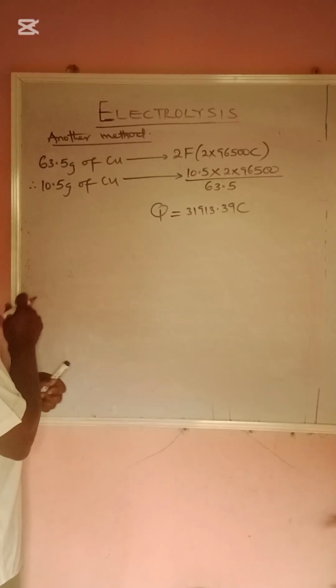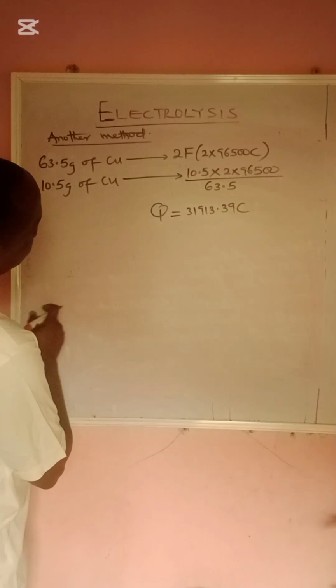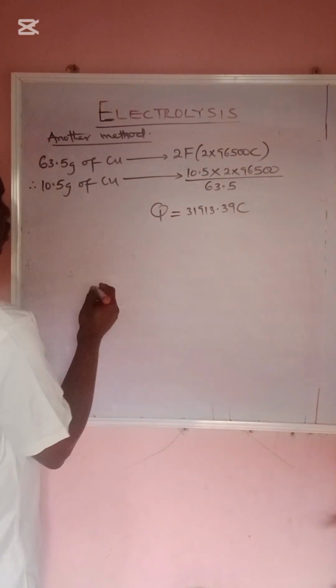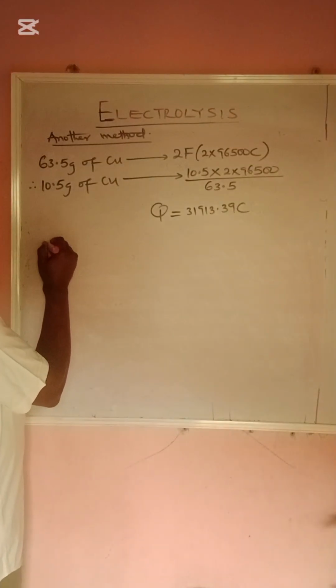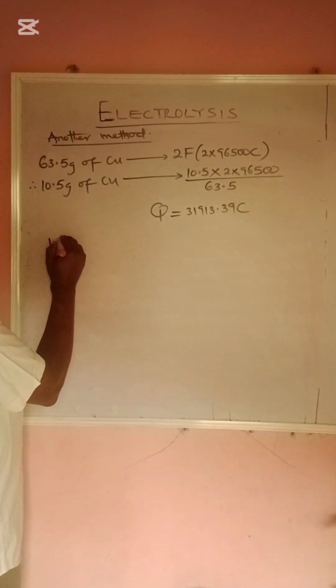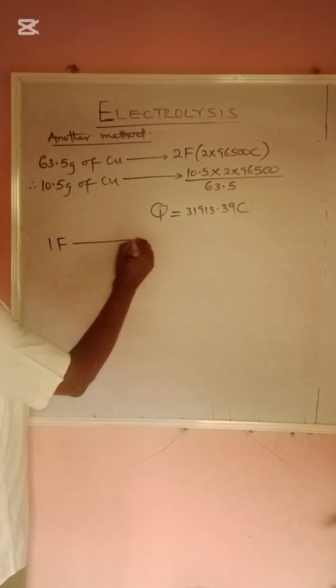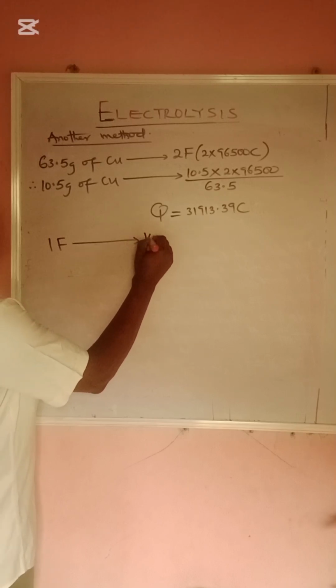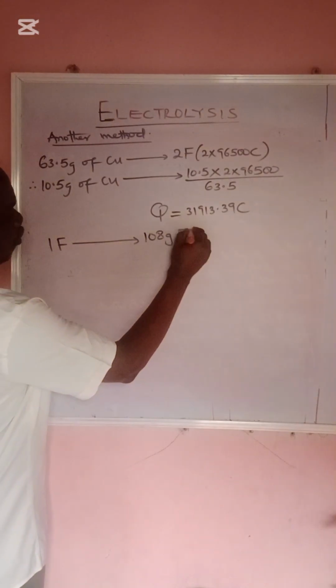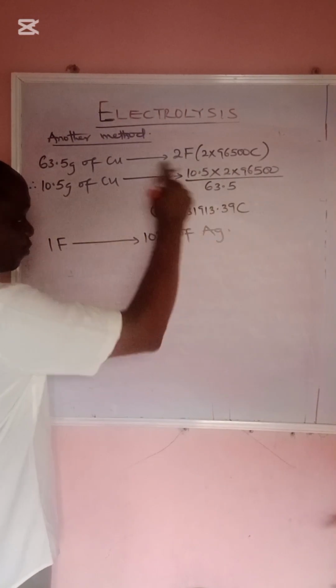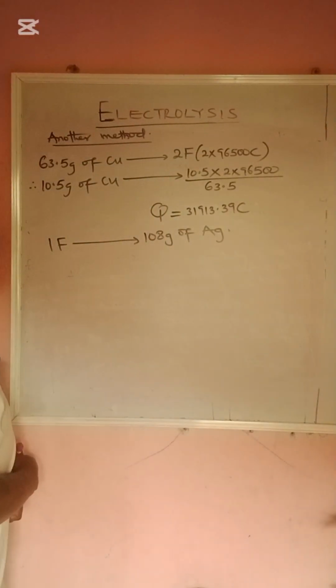So for silver, it is monovalent. So 1 Faraday will deposit 108 gram of silver. That's the expression. That's for the first law.